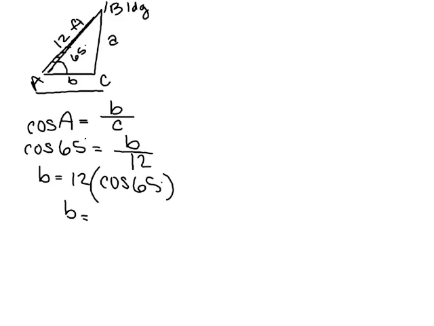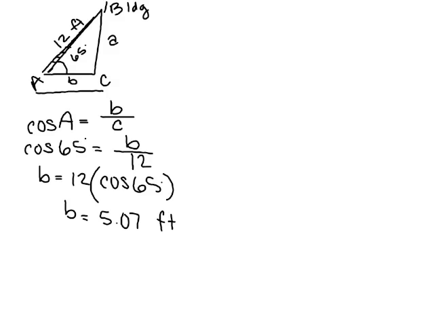So side length B is not quite 5.07 feet. So the distance between the base of the ladder and the house should be about 5 feet.